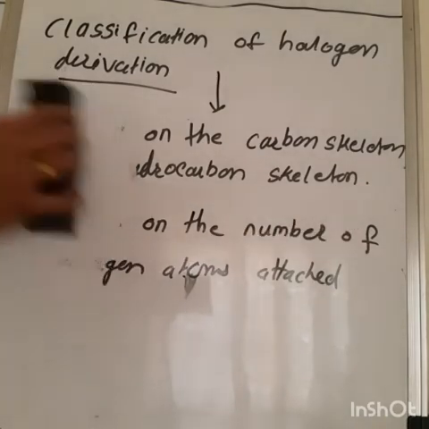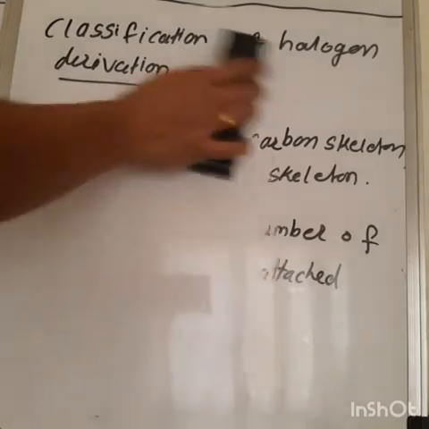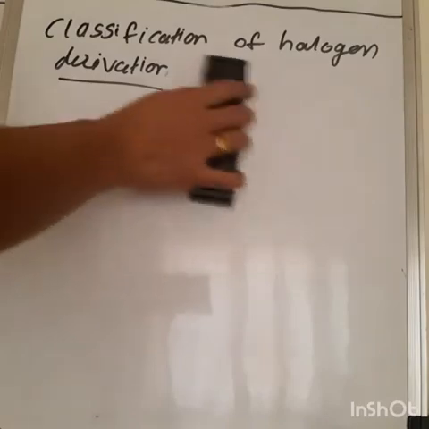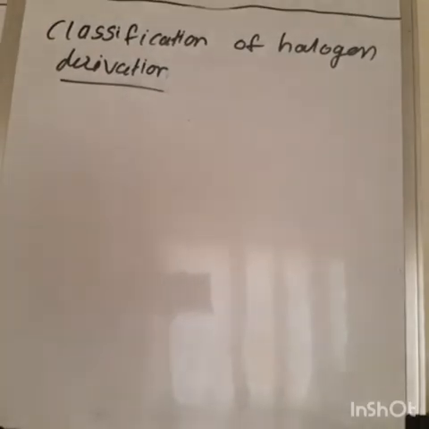As we know, halogen atoms means fluorine, chlorine, bromine and iodine. When these are attached to hydrocarbons like alkanes, alkenes, alkynes, arenes, these become halogen derivatives. Whenever one hydrogen atom from the alkanes, alkenes, alkynes, arenes is replaced with a halogen atom, that becomes a halogen derivative.